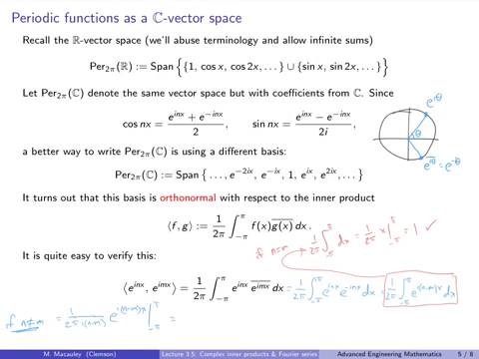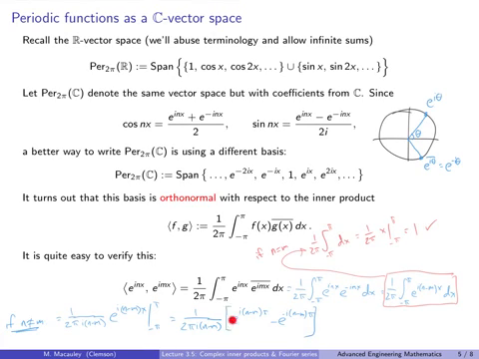So this is 1 over 2 pi I times n minus m, and n minus m is non-zero, so we can divide by that. But now we have e to the I times n minus m pi minus e to the I times n minus m negative pi.